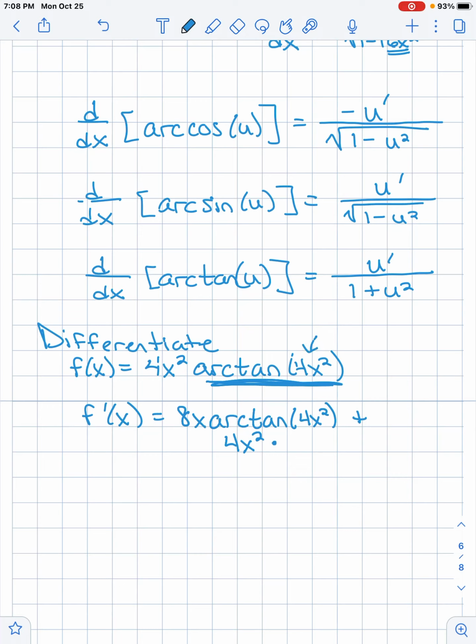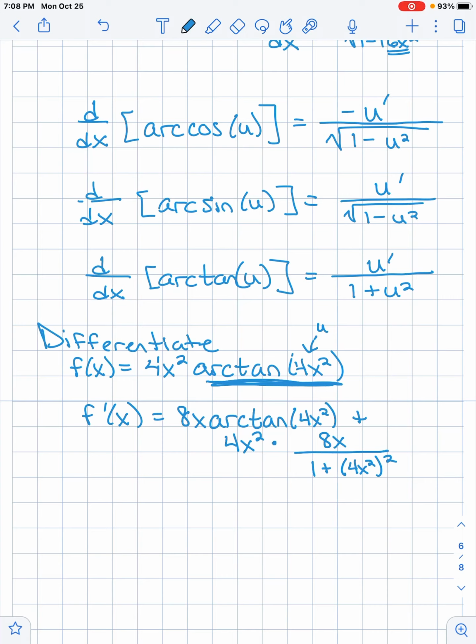So in this case, the inner function, the u value, is 4x squared. So I'm going to find that derivative. That's 8x. And then since this is tangent, this will be 1 plus u squared. So that would be 1 plus 4x squared squared. You can leave it like that, or you can simplify it to 16x to the 4th.